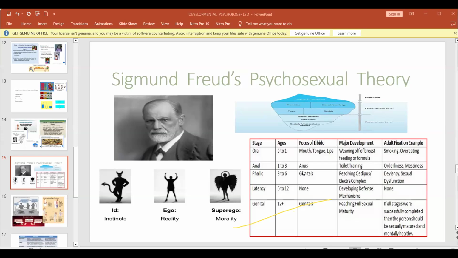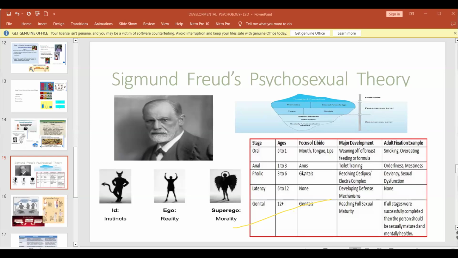Erogenic zone, Z-O-N-E, is the particular body part that we need stimulation in at different ages. According to the body part we need stimulation in, the name of the stage is given by Sigmund Freud. So we will discuss it.